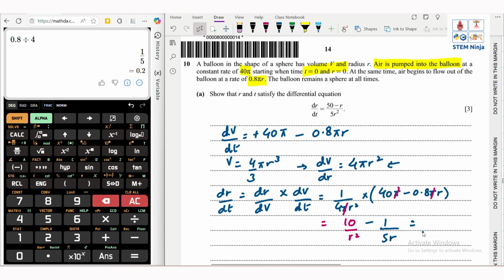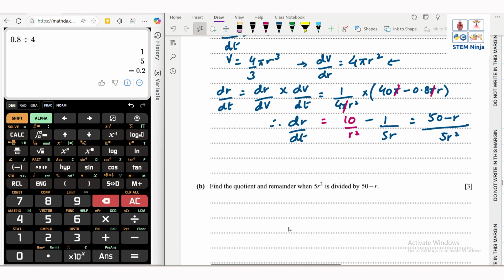So when we make the denominators constant, so 5r squared, we get 50 minus r. So that's your dr over dt.